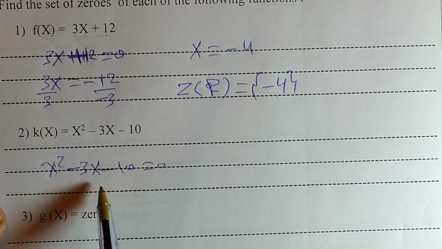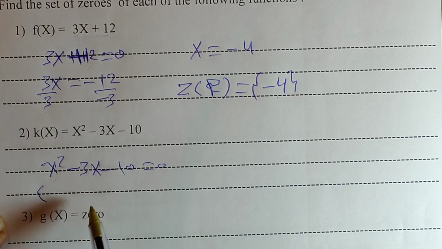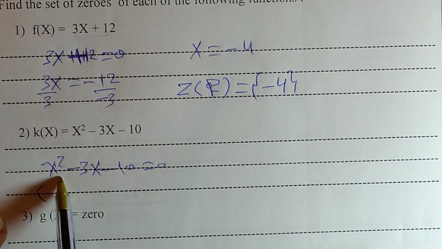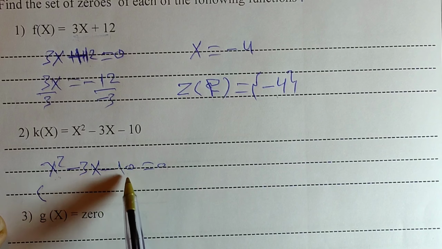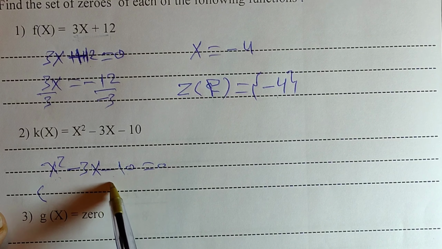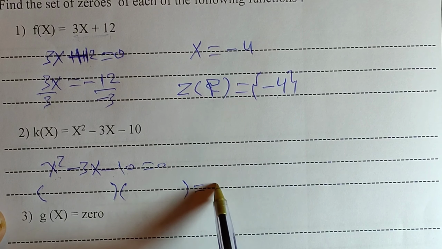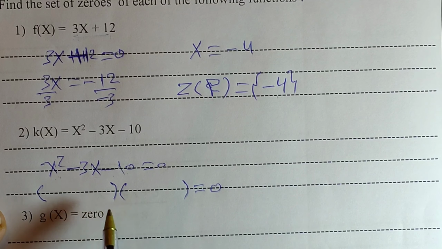To solve this equation, we have to factorize the left-hand side like this. This is a quadratic equation. All of us know how to factorize this quadratic equation. It's a product of two brackets like this and their product equals 0.